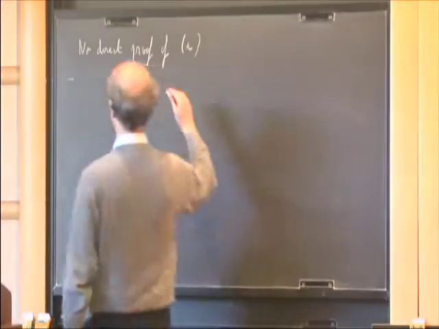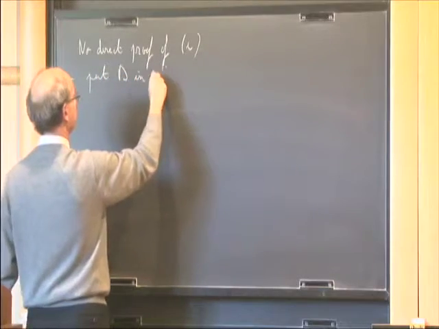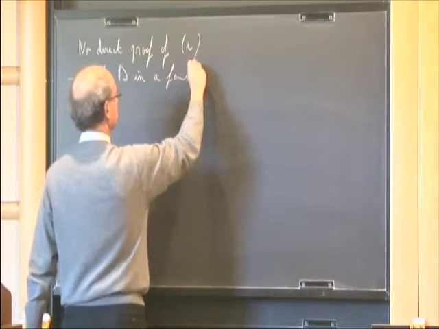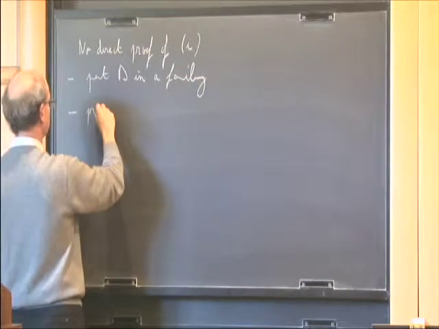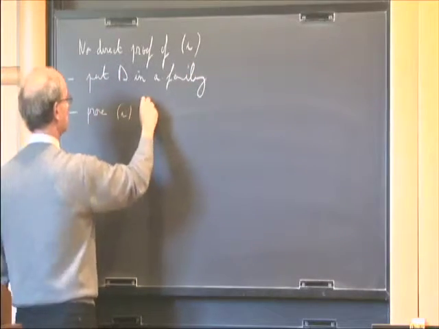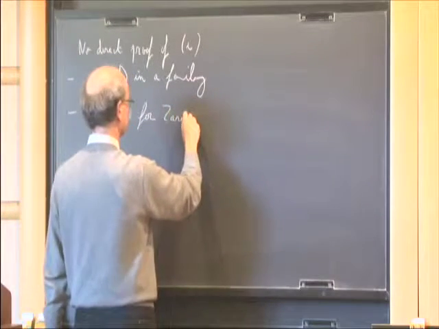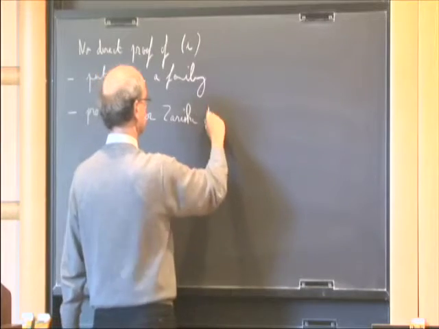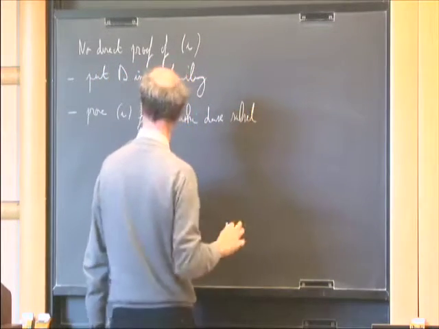So the strategy is: put D in a family, and then prove 1 for a Zariski dense subset.